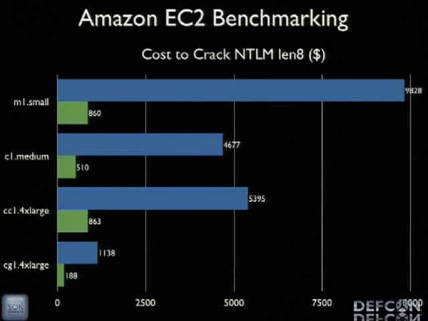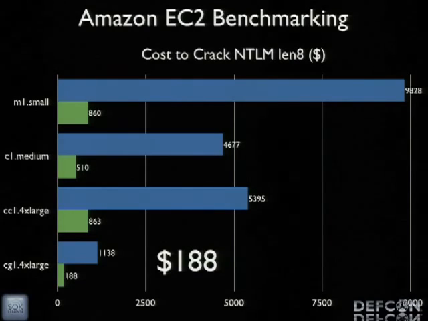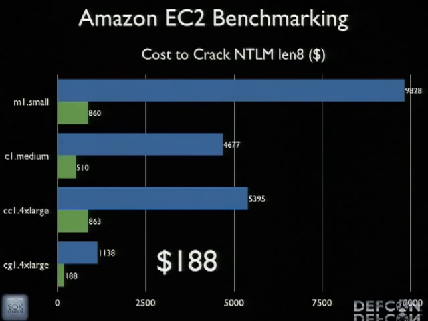You can spend nearly $10,000 if you use small on-demand instances, or if you look at the bottom, you can spend under $200 to do the same thing. So I would say that being able to crack NTLM length 8 for under $200 with absolutely no hardware purchasing means EC2 is probably still quite viable for this. All you need is a credit card.